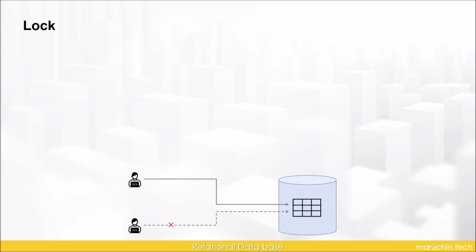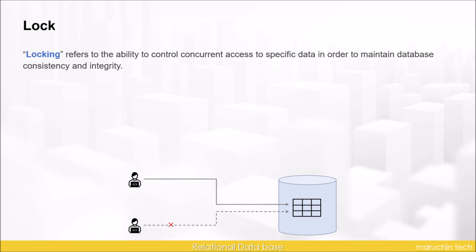Next is locking. Locking refers to the ability to control concurrent access to specific data in order to maintain database consistency and integrity. Locks are used to prevent data inconsistency and conflict when multiple transactions are running concurrently. When locks are enabled, other transactions must wait, which can reduce overall database throughput.